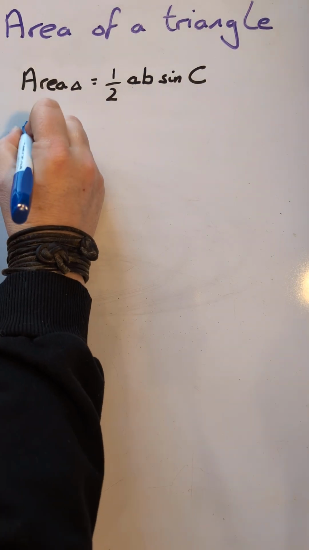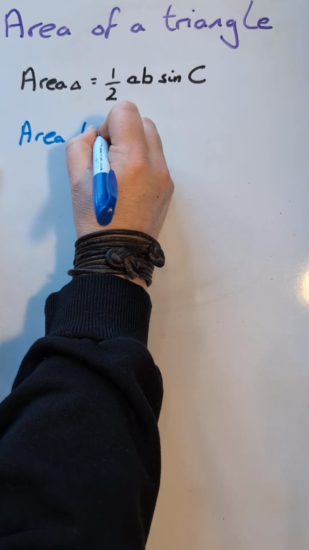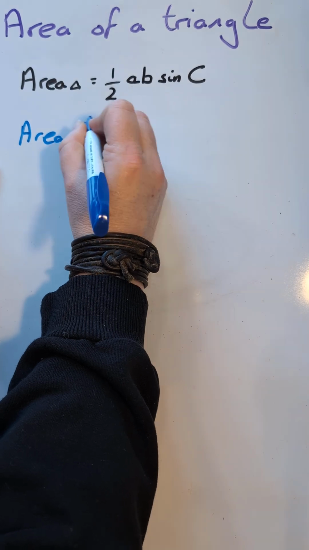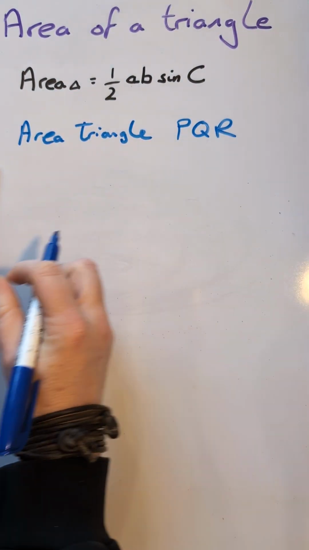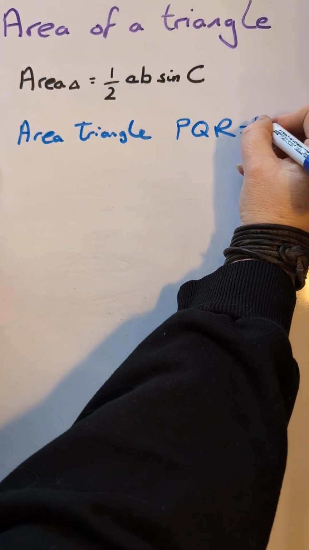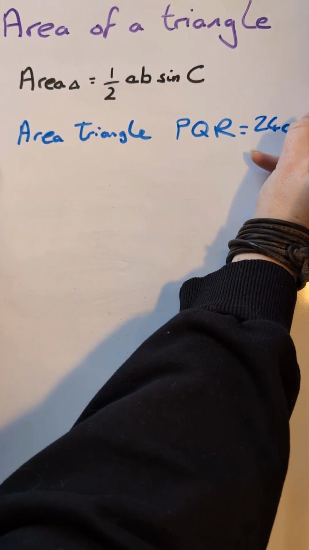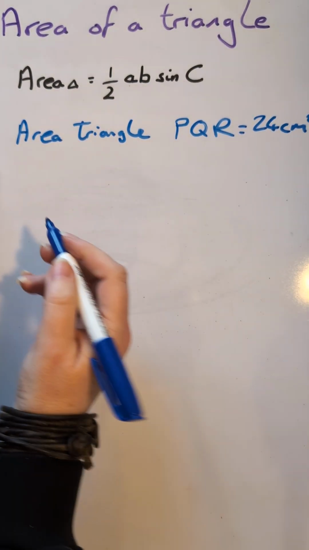They will say that the area of triangle, let's do PQR, is 24 centimeters squared. Remember, when you're dealing with any area, it's always squared.